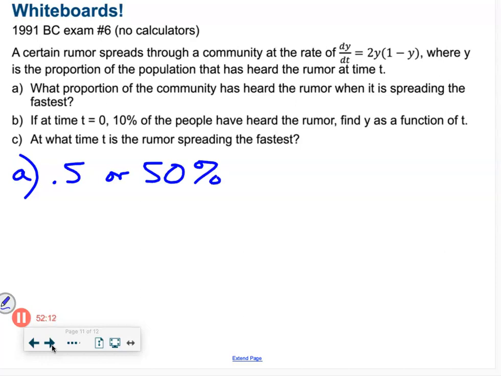Okay, part B. If at time 0, 10% of the people have heard the rumor, find y as a function of t. So go ahead and take a minute, write your equation for y.